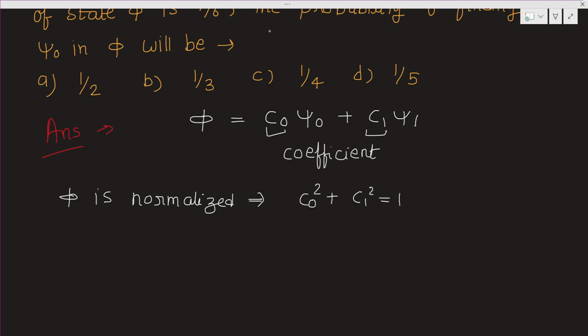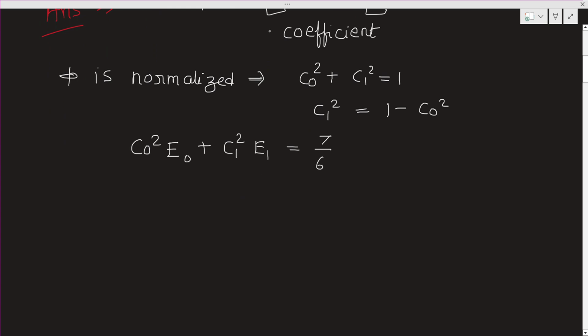Or we can write C1 square is equal to 1 minus C naught square. Then for the energy term, C naught square E naught plus C1 square E1 will be equal to 7/6. The average energy you have been given is 7/6.